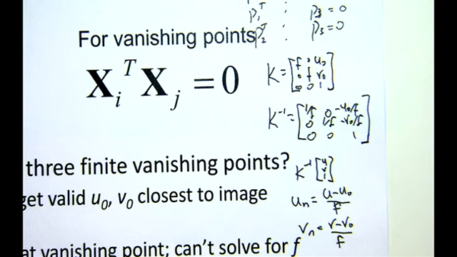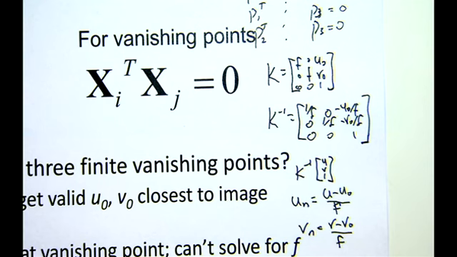In most images, if your image is not directly facing any of the major planes, then all 3 of these vanishing points will be finite, and then you can solve this completely.